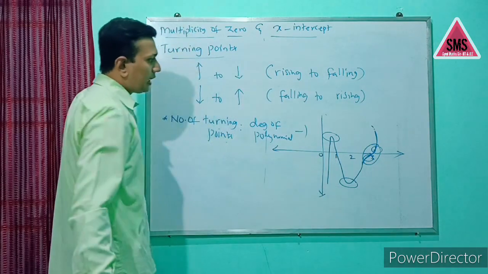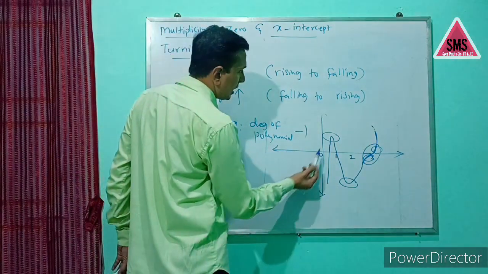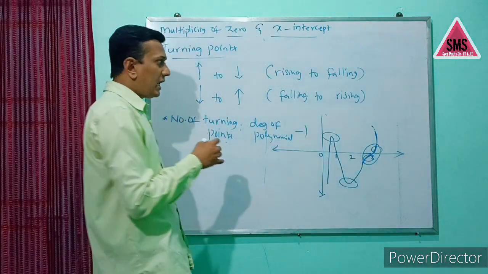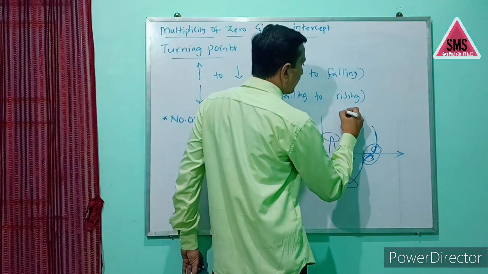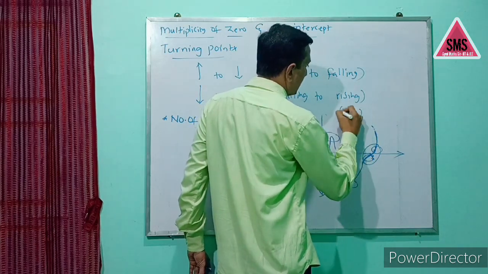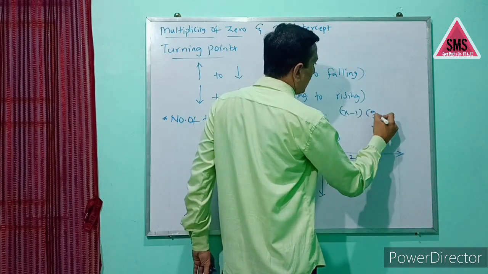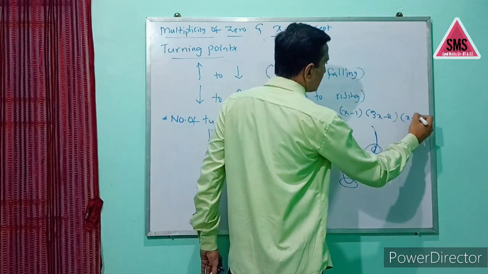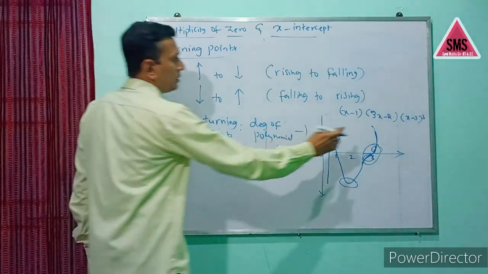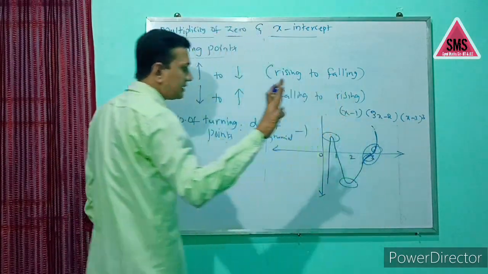Similarly, if you take this example, how many turning points are here? 1, 2, 3, 4. What was the degree of the polynomial? The degree of the polynomial was 5. So we had (x minus 1), (3x minus 2) and (x minus 3) whole cube. So here 3, here 1, here 1, total 5. 5 is the degree.